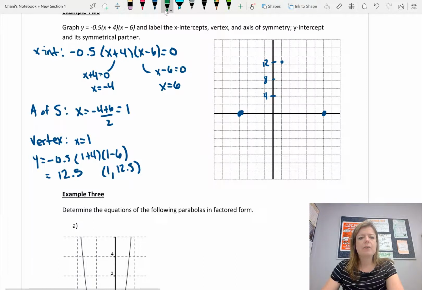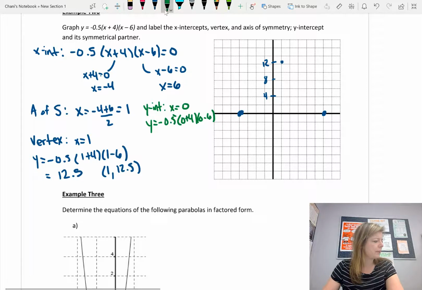Okay, so now we find the y-intercept by setting x equal to 0. So you get y equals -0.5 times 0 plus 4 times 0 minus 6. So that's just -6.